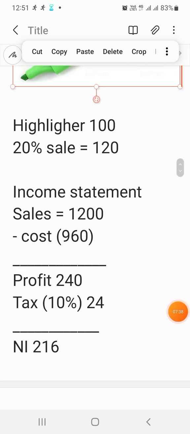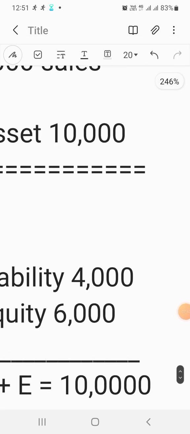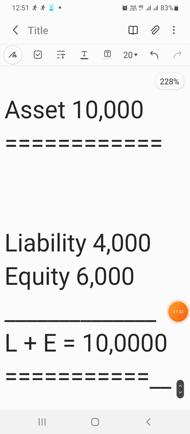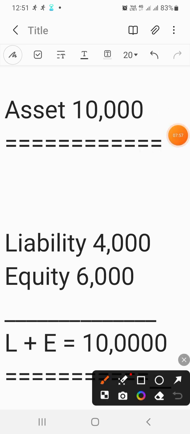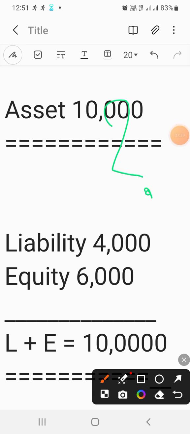So if I now ask you from common sense, your sales was 1,000 units. When your sales was 1,000 units, you required 10,000 taka of asset. Now you have boosted your sales 20%. That means you want to sell 1,200 taka. The question is, how much asset do you need now?